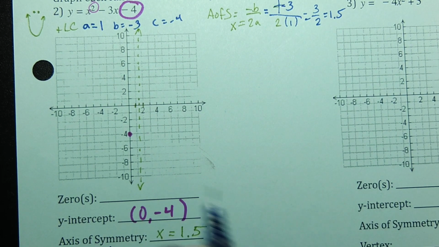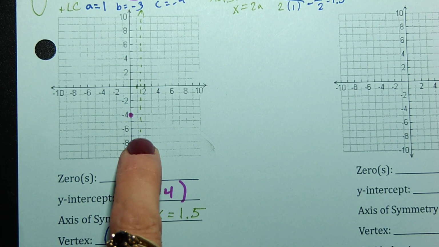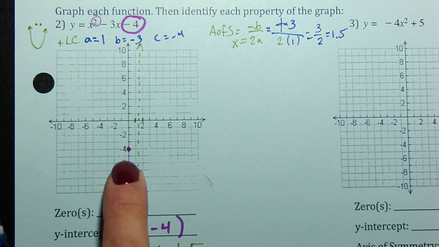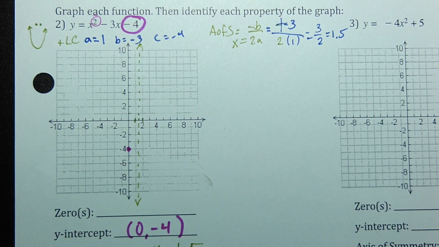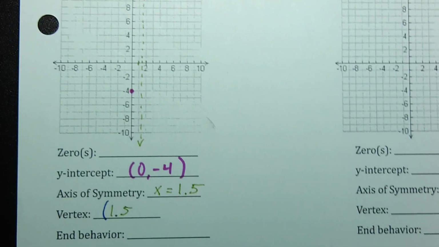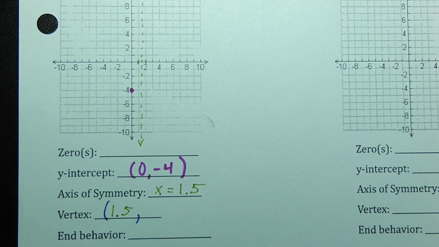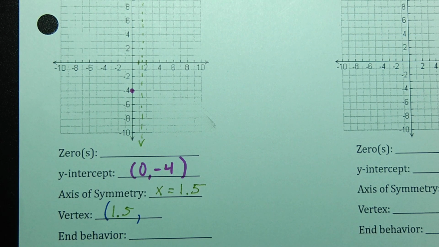So we don't know how high that vertex is, but we do know that it's probably going to need to be down here somewhere in order to curve up through the y-intercept to make a happy graph. But that x value has to be 1.5. How do we find the corresponding y value? We plug it into our equation. Folks, go ahead and grab calculators off the card if you need one today.